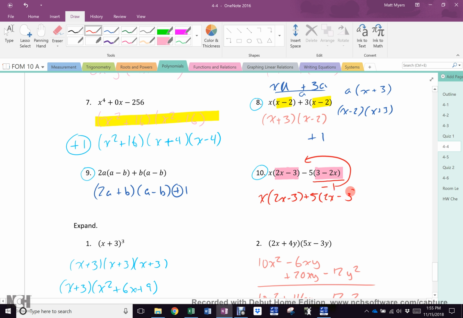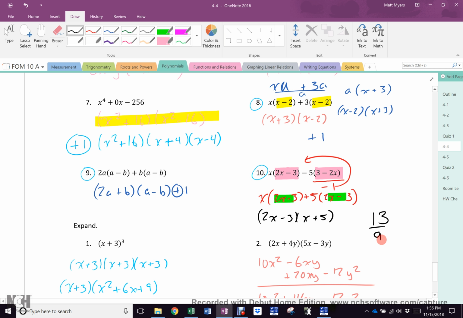Positive 2x. And now they're the same. So I can do 2x minus 3 times x plus 5. So your best score you could get on this page is, it was out of 9 plus 1 bonus mark, 2 bonus marks, 3 bonus marks, 4 bonus marks. You could get 13 out of 9.